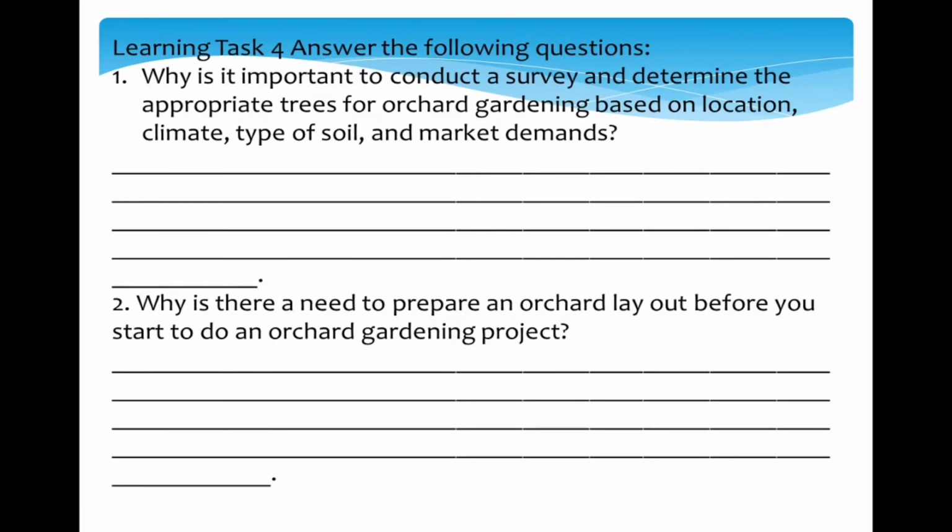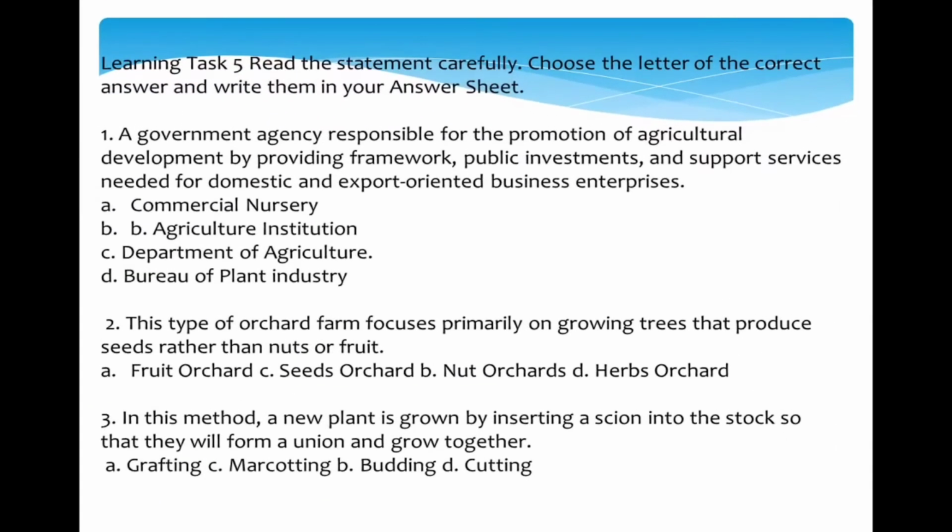So in a form of explanation. So 1 and 2 questions only. And then for learning task 5 is to choose the letter of the correct answer and write them in your answer sheet. So what you're going to do is to choose the correct letter of the correct answer.